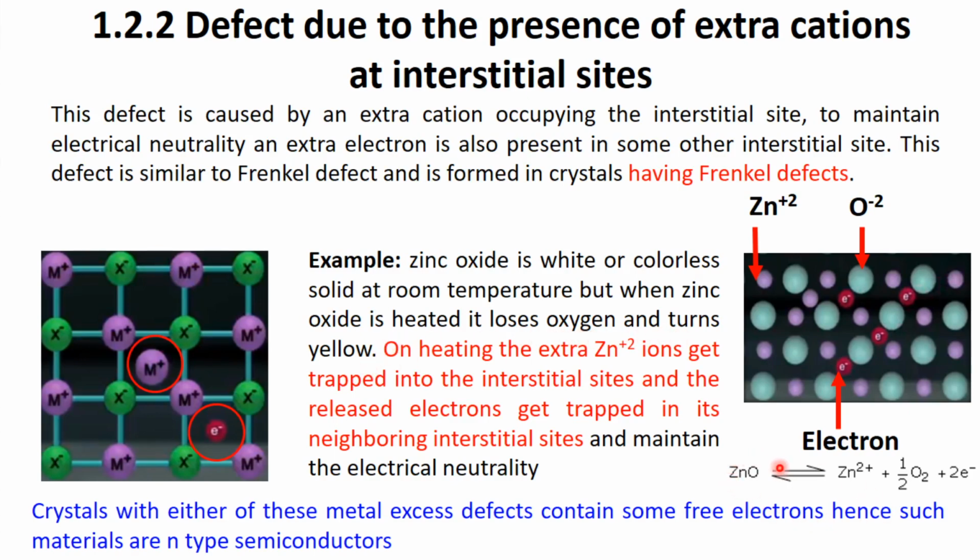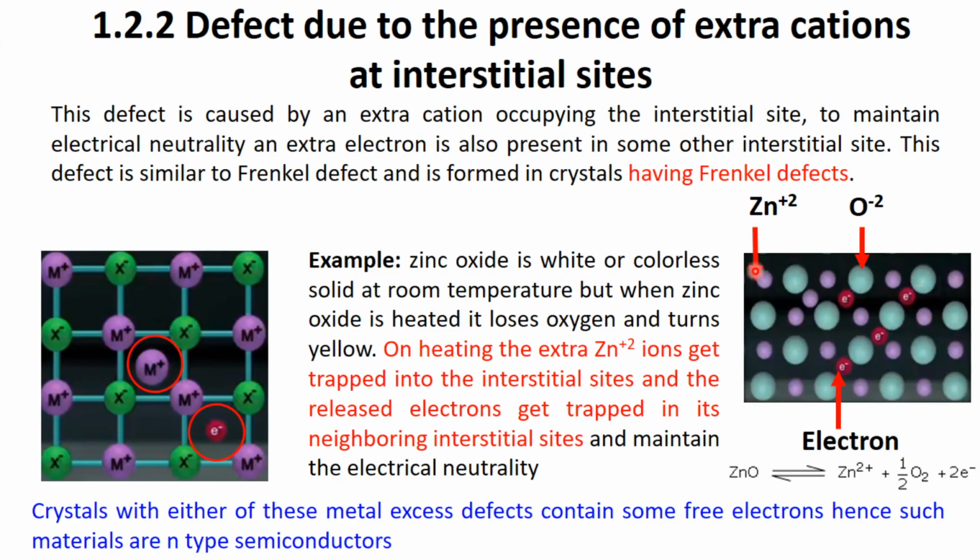So when we heat zinc oxide, it loses oxygen and produces zinc plus 2 cations and extra electrons. On heating, the extra zinc plus 2 ions get trapped in the interstitial sites.